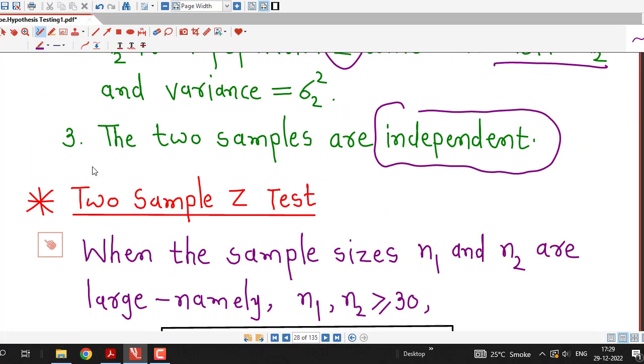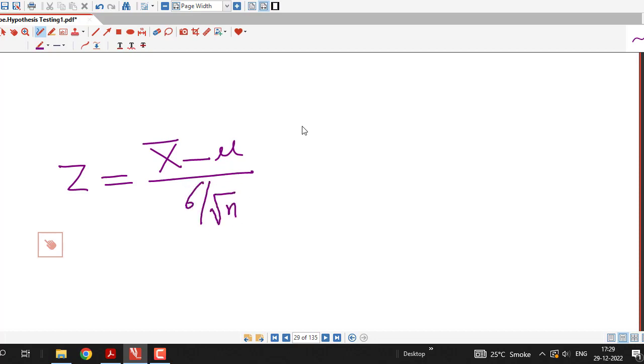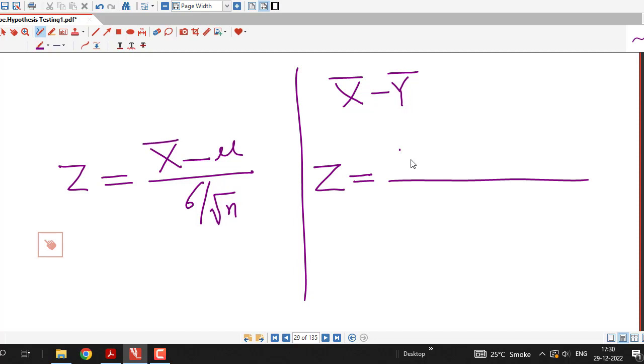So this is the two-sample Z test, and remember it is analogous to the one-sample Z test, which was x bar minus mu divided by sigma over square root of n. Instead of x bar I have x bar minus y bar. So again I write, it is easy to remember: replace x bar by x bar minus y bar.